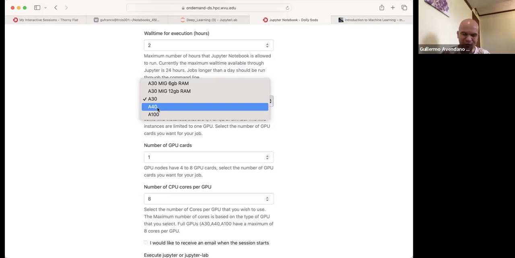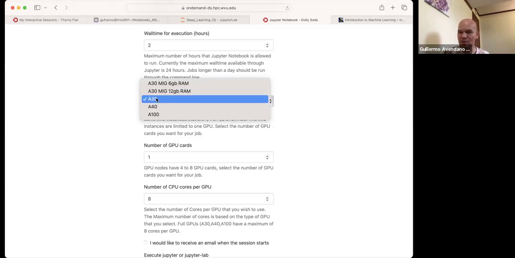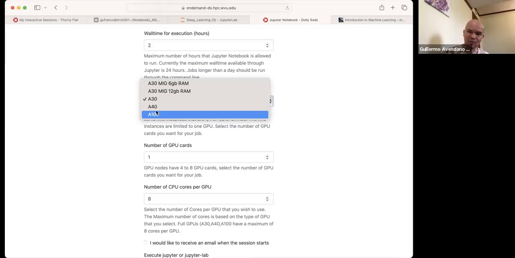The reality is that in many cases, people really don't need double precision for neural networks. The weights and biases, and the results that they produce, are sufficiently good using single precision. And from those, the A30s, if I'm not wrong, outperform the A40s.